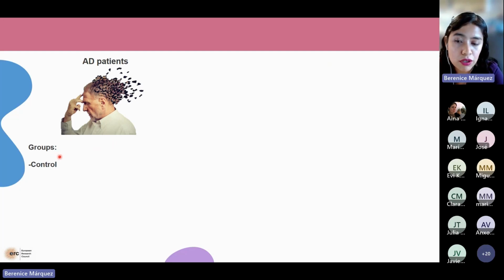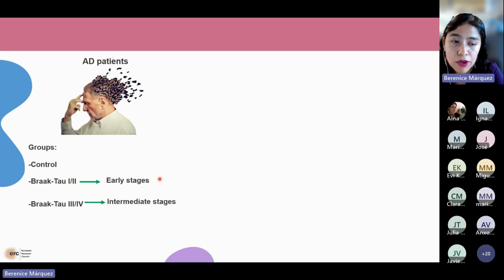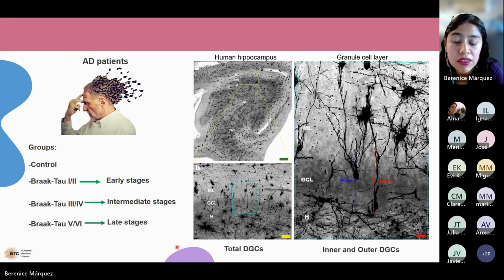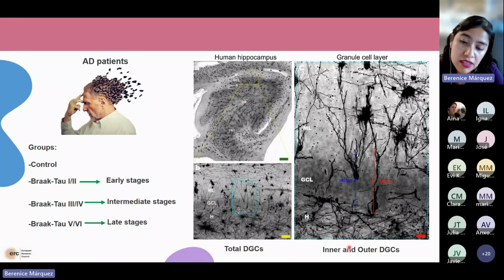First, the control group; Braak stages 1 and 2, which represent the early stages; Braak 3 and 4 as intermediate stages; and Braak 5 and 6, which represent later stages. The total dentate granule cells, as well as outer and inner dentate granule cells, were analyzed.